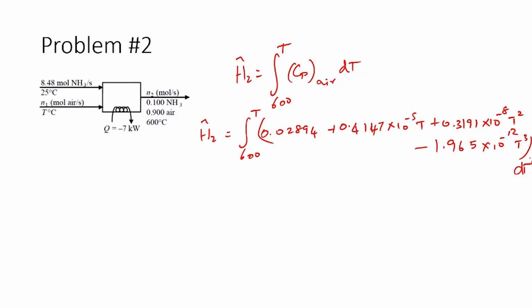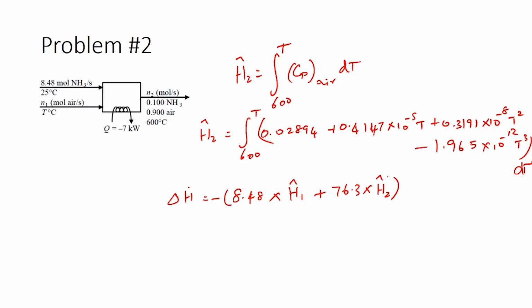So, now this 4th order polynomial can be brought in to calculate delta H dot. Delta H dot would be equal to minus 8.48 times H1 cap plus 76.3 times H2 cap.